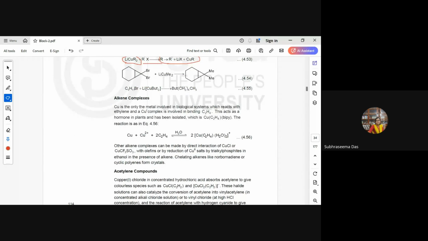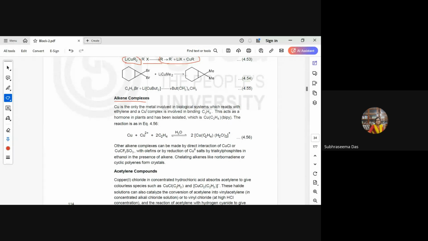Copper is the only metal we know in alkene complexes. If we consider the alkene complexes of copper, copper is the only metal involved in biological systems, because in many metalloenzymes copper acts as the cofactor, and sometimes we do find it present in prosthetic groups.